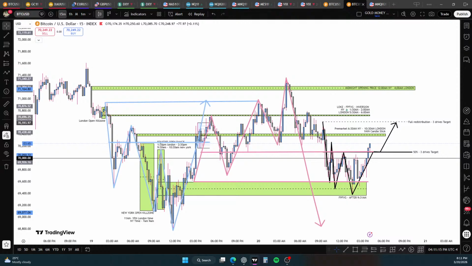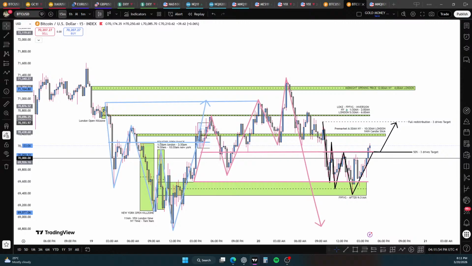Because I know it's going to pull up here into this full redistribution, but I don't know how long it's going to take, and it's definitely going to go to that pre-market AM, basically the 6:30 AM 1 minute candlestick for New York, and then it's 10:30 AM for London. I hope you can see that there, right? And then this is the equities open range, but it's all in the previous live streams that I've done. They're all public, so you can see them. And you can also just go to the start of this or the last video as well. But I do think we're going to see that full redistribution up there.